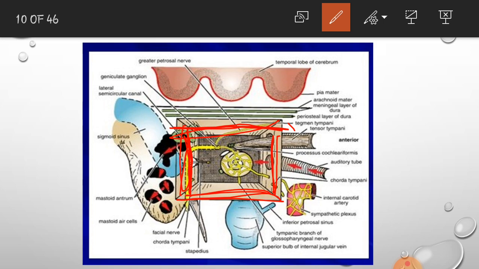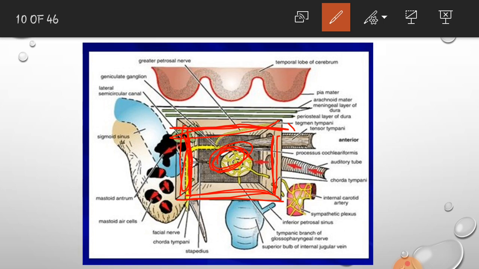Where we are standing right now, the medial wall separates the tympanic cavity from the internal ear. The other name for the internal ear is labyrinth, so this medial wall is called the labyrinthine wall.